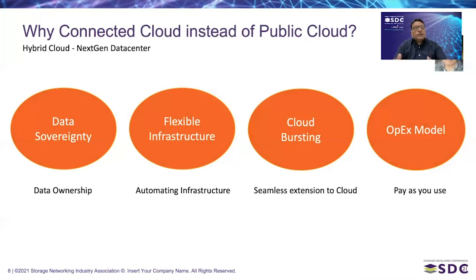Now, when I'm using this alternative data center, which is in a co-location, how flexible is it? How do I quickly spin up that environment? How do I customize my infrastructure where I can grow and shrink at will? Then cloud bursting. Now, I have my own limited compute resources that I'm using today in my organization, but over a period of time, those resources start to grow and I need to be able to scale.